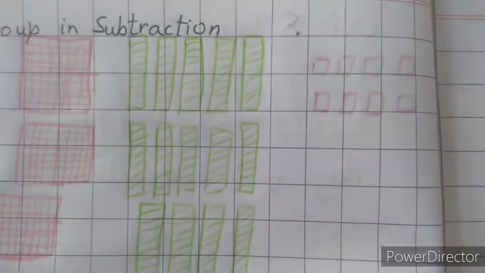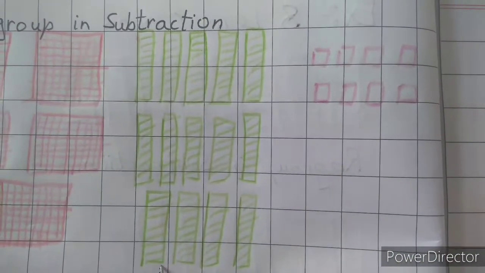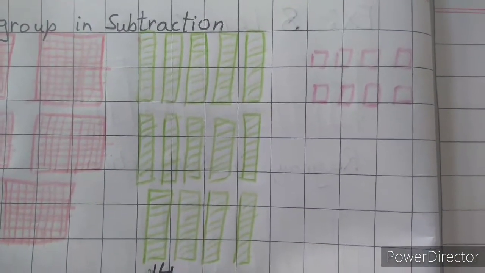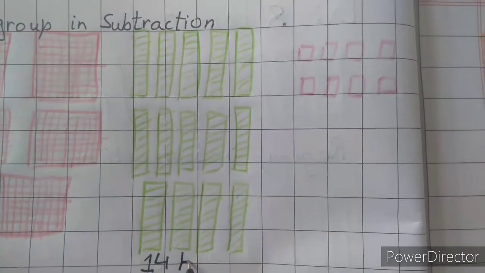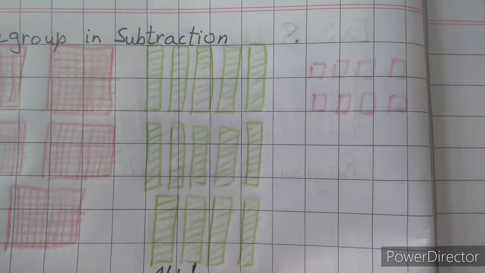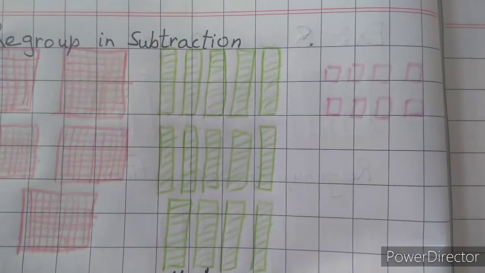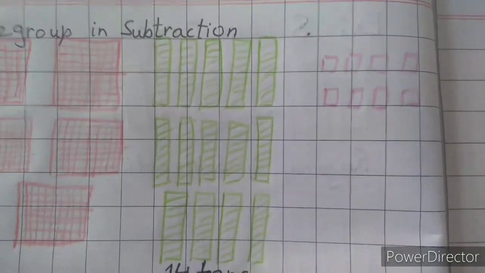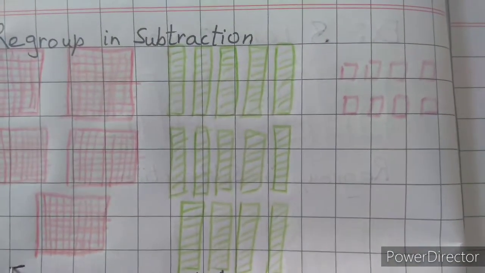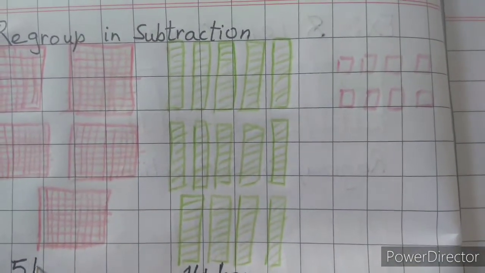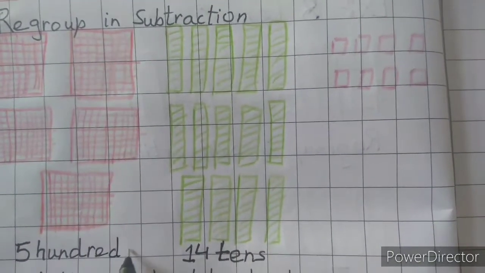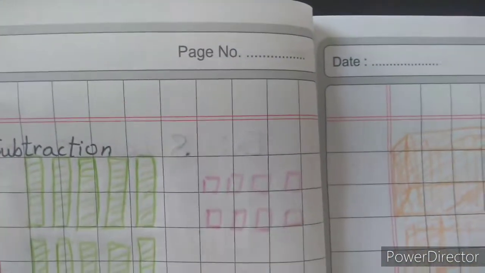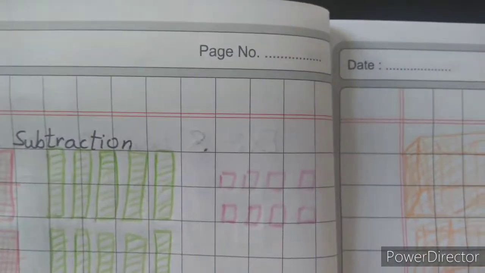So this becomes 14 tens, 500, and the ones will remain the same, 8 ones.